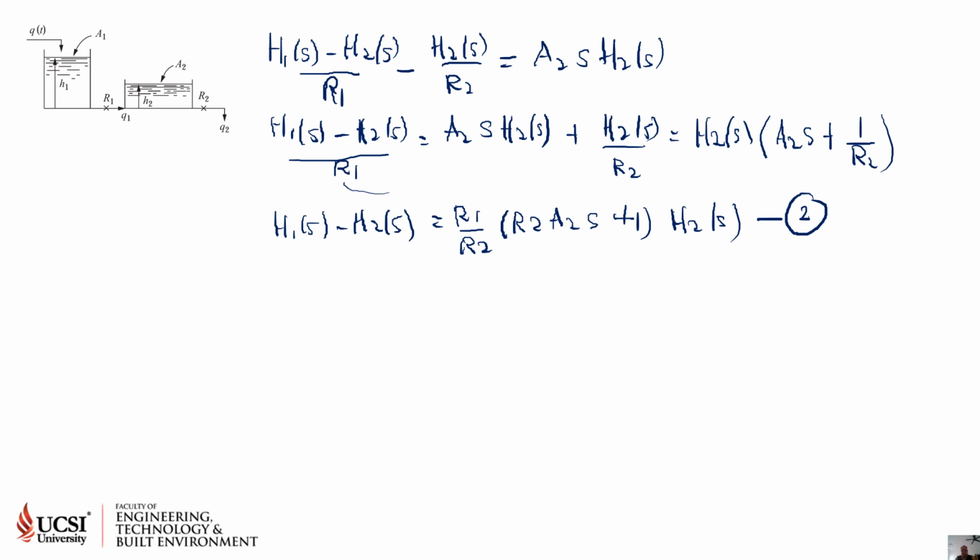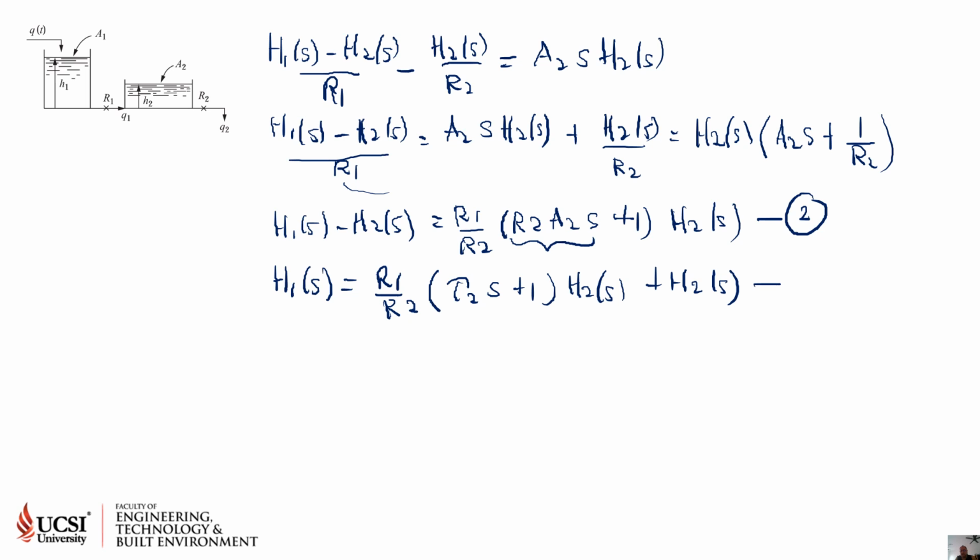When I proceed to rearrange for H1(s), I write H1(s) in terms of all of this: R1 over R2, and I define R2 A2 as tau 2, so (tau 2 s plus 1) H2(s) plus H2(s). I label this as equation number 3, where, as I mentioned, tau 2 equals R2 multiplied by A2.